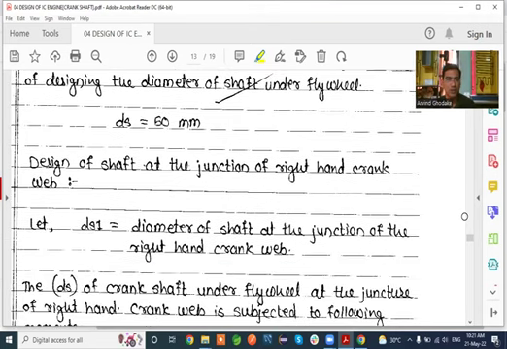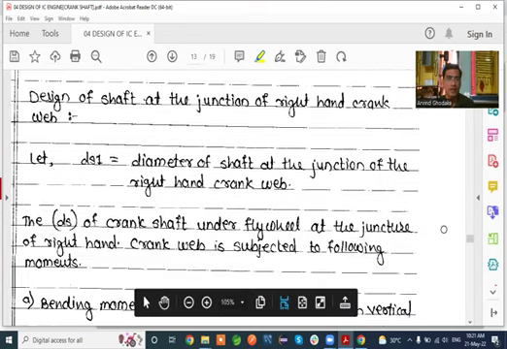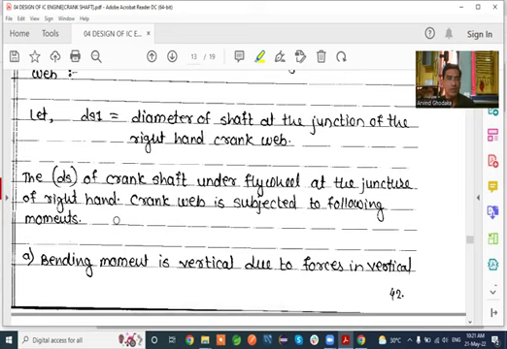Let ds1 be the diameter of the shaft at the junction of the right hand crank web. The shaft under the flywheel at the junction of the right hand crank will be subject to the following bending moments.